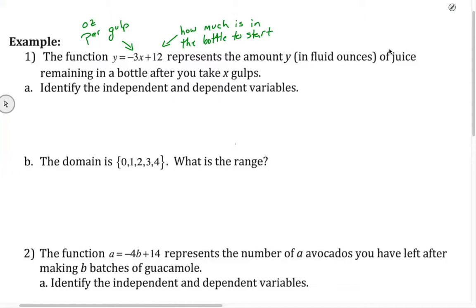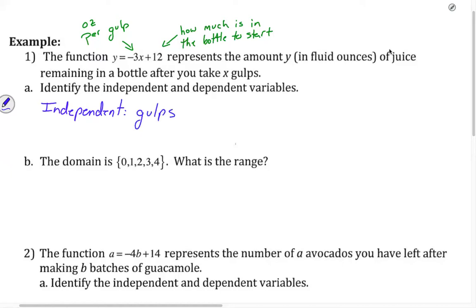Now it says identify the independent and dependent variables. Well, the independent variable is gulps. How do I know that?